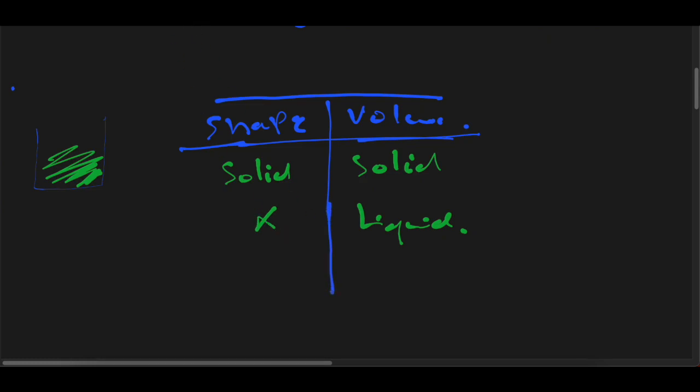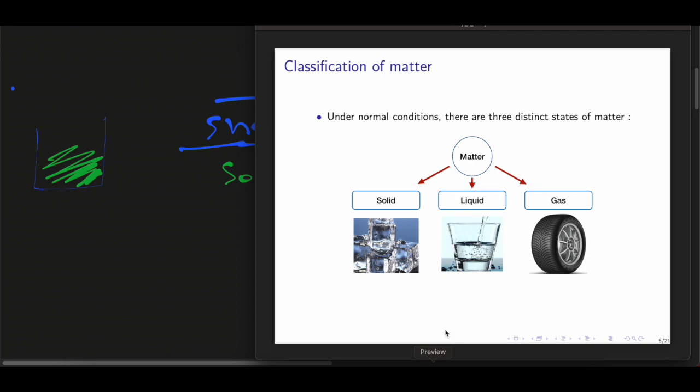And for the gas state, like this tire filled with air, the gas state doesn't have a fixed volume nor a fixed shape. If we replace this tire by a larger one, we can see that the gas will completely fill its whole container.